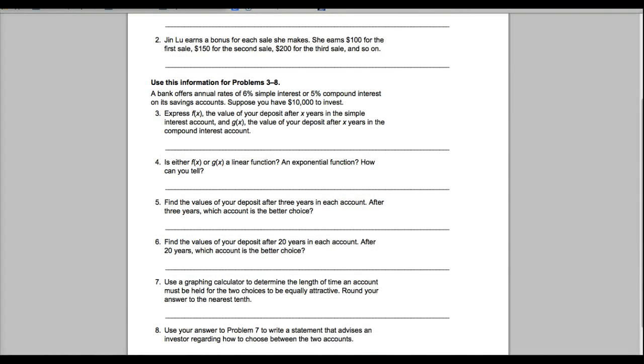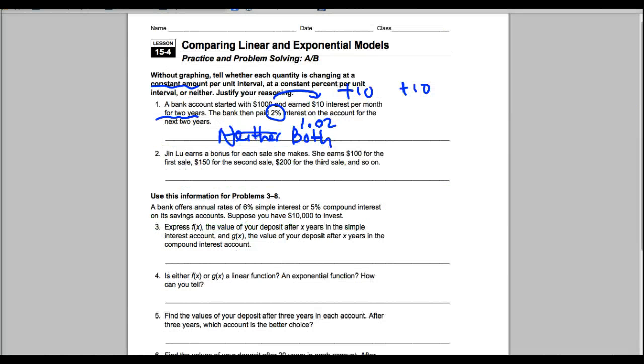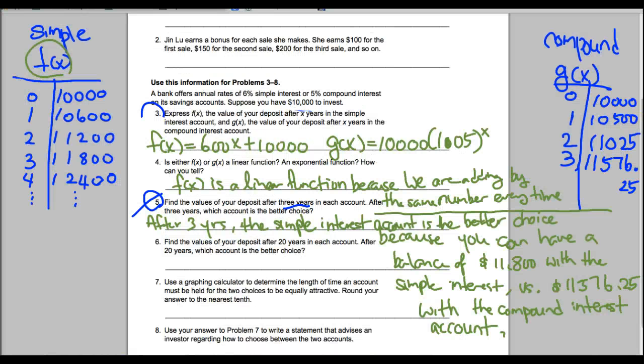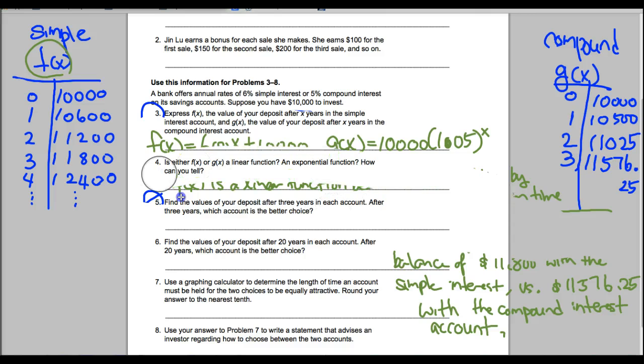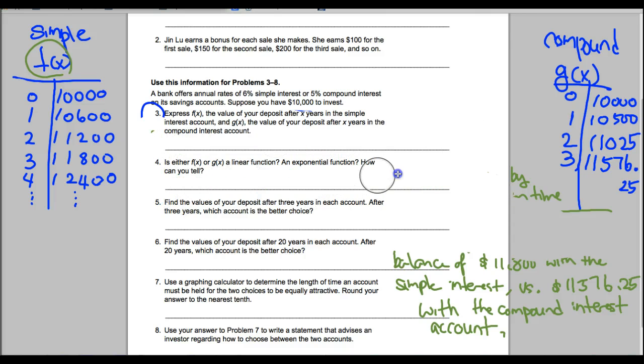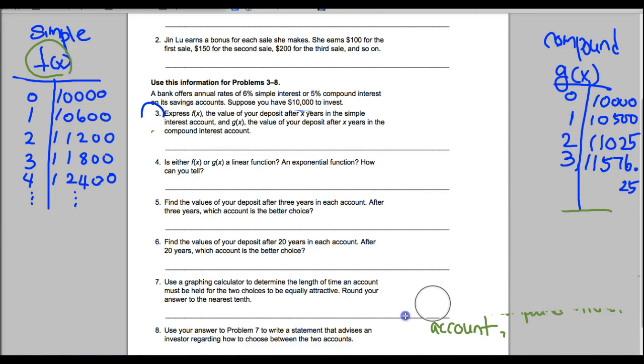So now let's go back because we have to answer the rest of the questions. There you go. And right now, I'm just gonna erase all of this because it's just too many words. Okay. So at year 3, it was still much better to go with the other choice, right? So let's see. Number 6, find the values of your deposit after 20 years. Oh, I didn't do that, but we'll go into it in a bit.